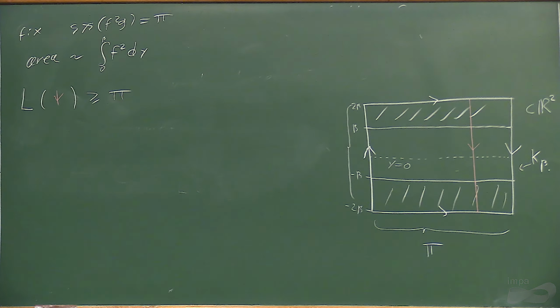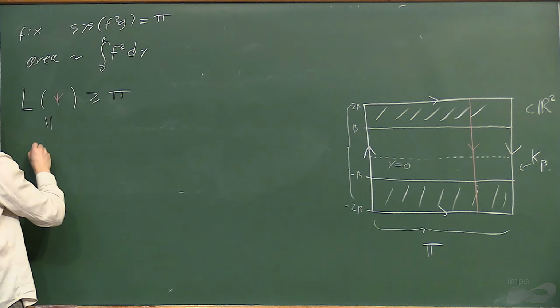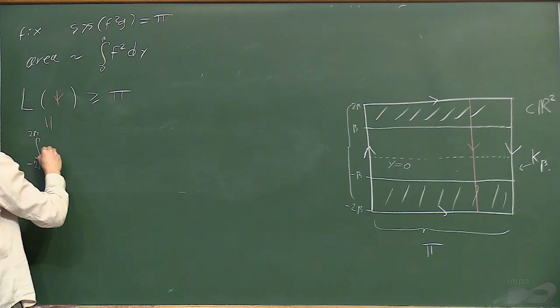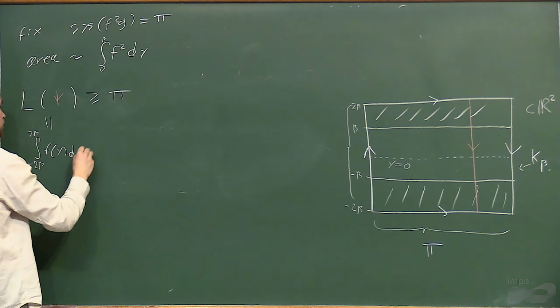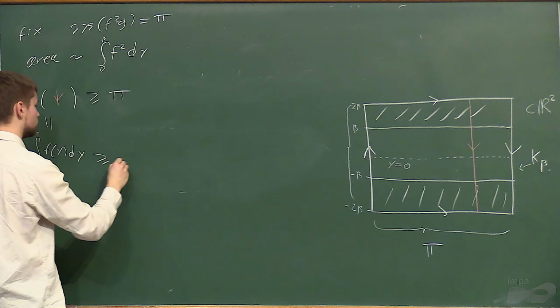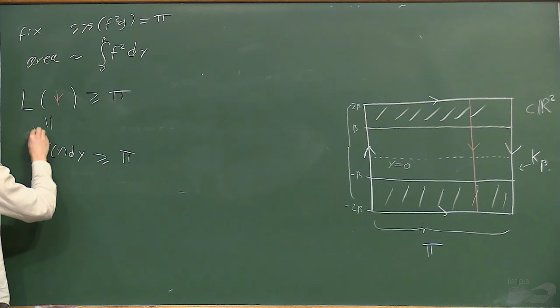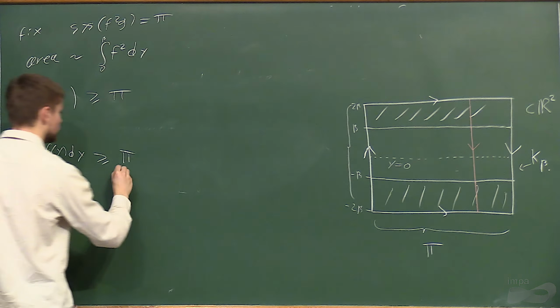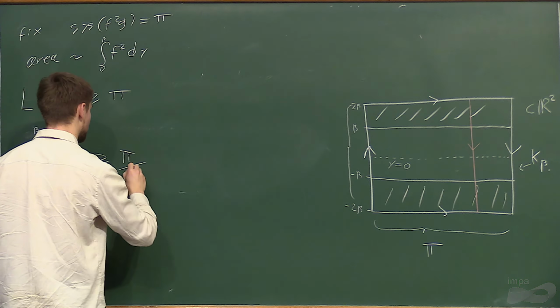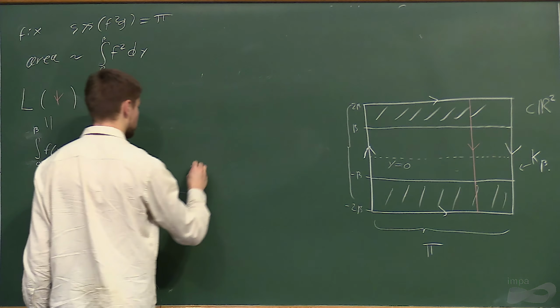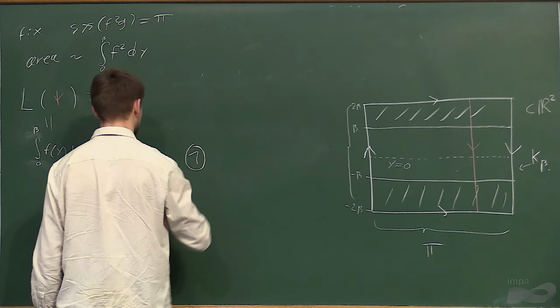And if we calculate this, this length is equal to the integral from minus 2 beta to 2 beta of f of y dy. This is supposed to be bigger than pi. So using the invariance properties of f, we can just integrate from 0 to beta and get the constraint that this integral has to be bigger than pi over 4. So this is constraint number 1.